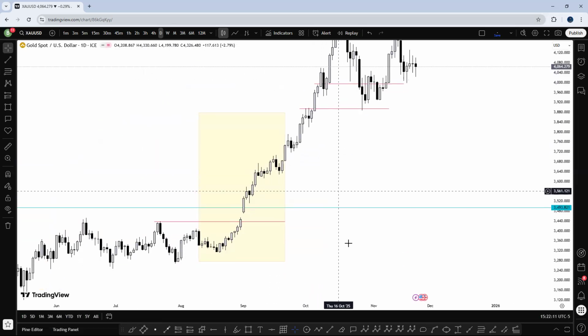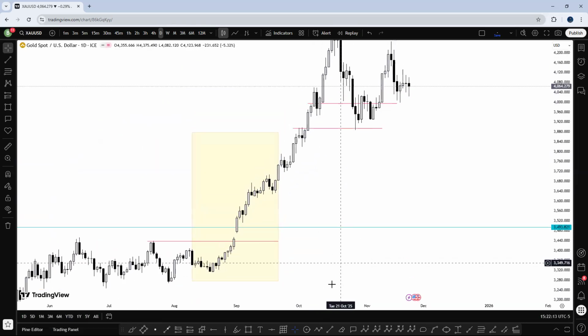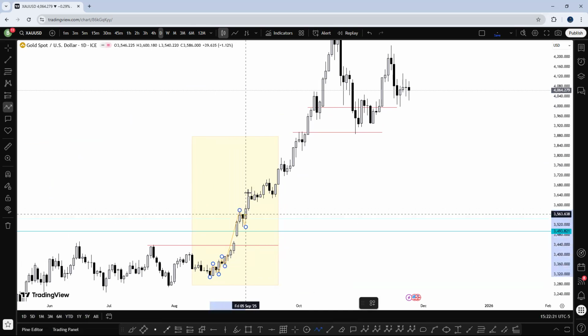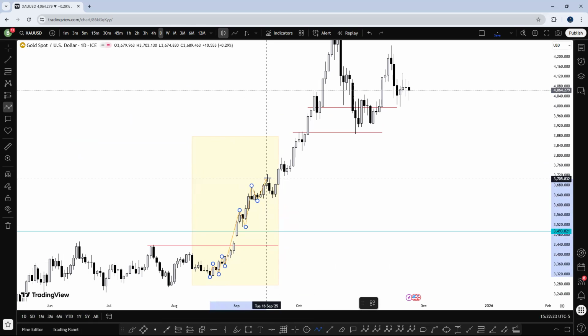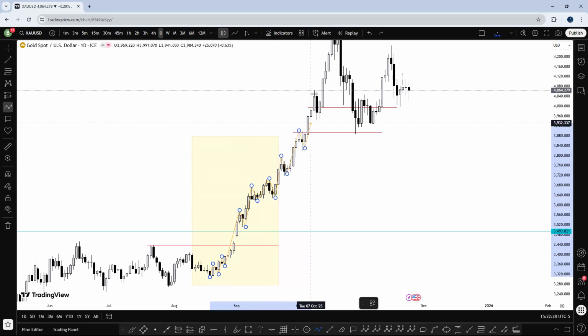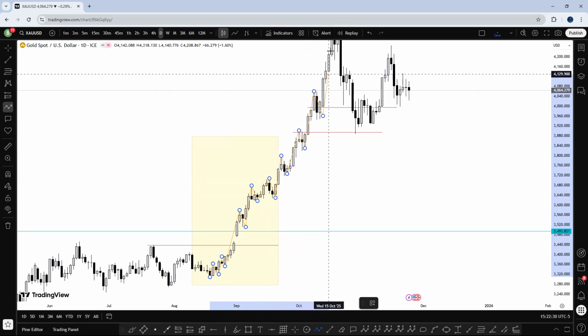If you switch from weekly to daily, you are going to see a beautiful structure market is going to use. Look at this one. Look at this structure. Look at that structure market is using to go higher.